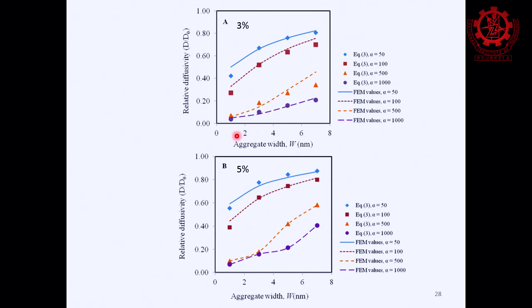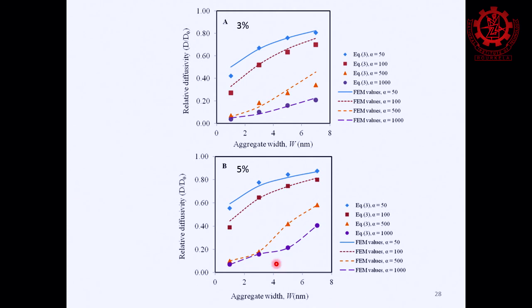If you have more and more aggregation, then the relative diffusivity is close to 1, and close to 1 means that it is not allowing to improve the barrier property, because this y-axis is showing the original diffusivity D0, and in the numerator is the change in the diffusivity due to nanoplatelet. So if it becomes 1, it means that both are the same value. So what we are looking for is as low as possible. So if you have less and less aggregation, then you have more and more decrease in the diffusivity.